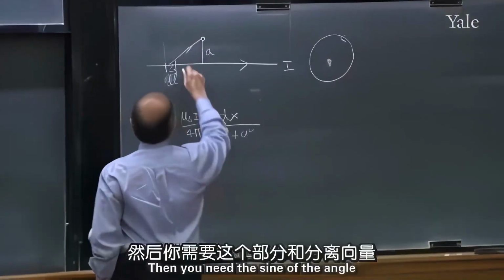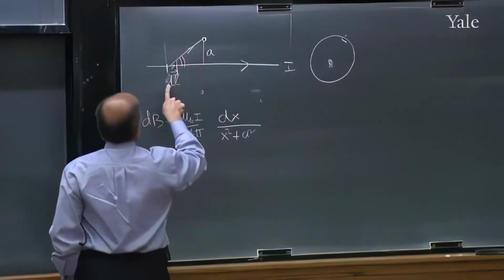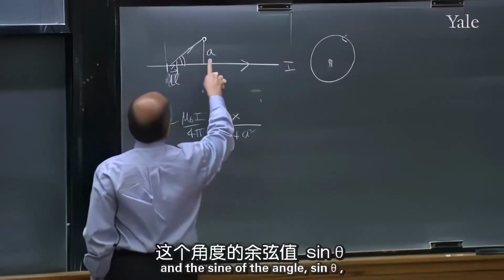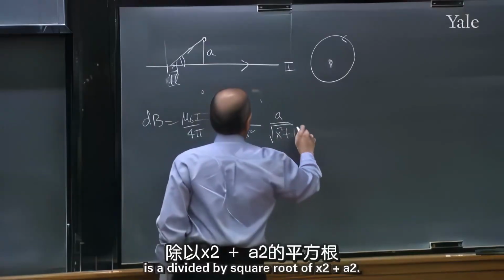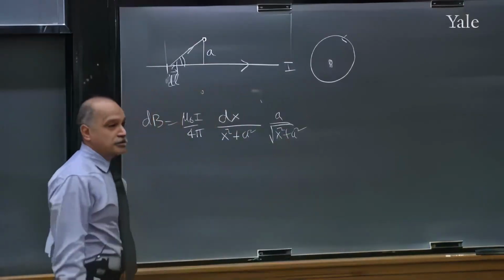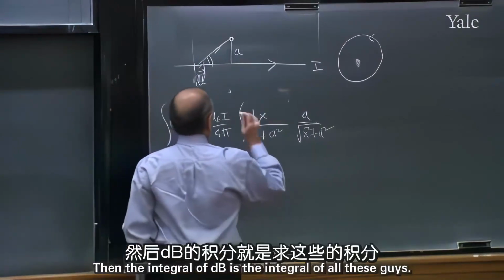Then you need the sine of the angle between the separation vector and the segment, and sine theta is a divided by square root of x squared plus a squared. Then the integral of dB is the integral of all these guys.